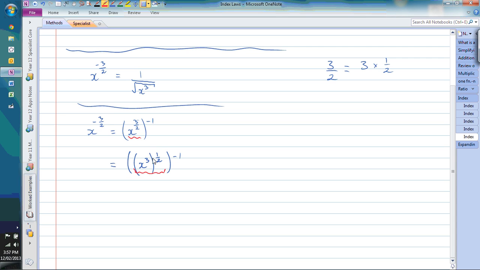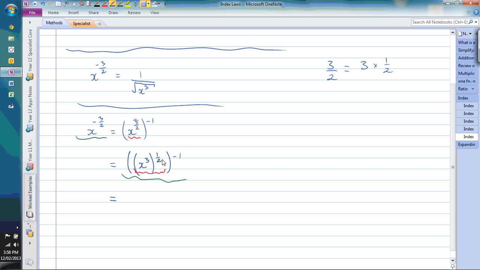Again, you can check this. 3 times a half is 3 on 2. So I could go back again this way if I wanted to, but what I have basically here is that this whole statement is equivalent to the first one that I had. Now let's have a look at what we've got here. x cubed all to the power of a half.